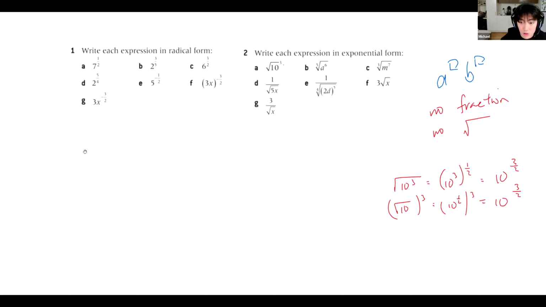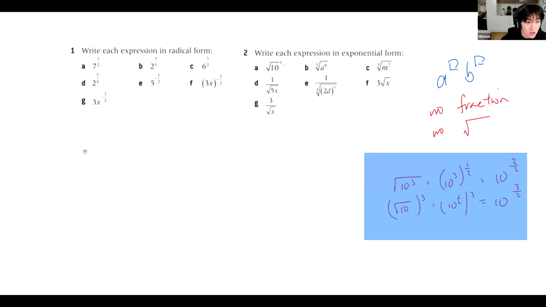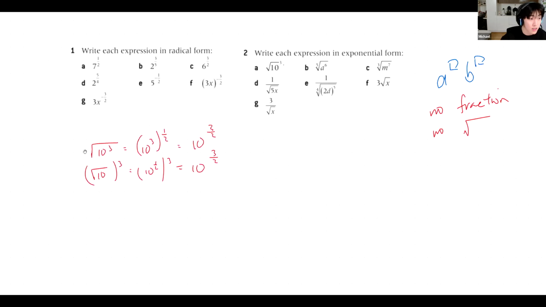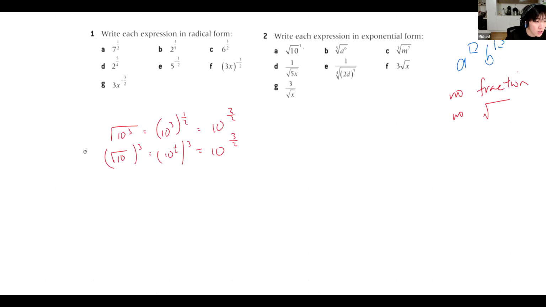All right, so you have got all your answers. Right now, let's just see if they are the same as mine. I'm gonna quickly do them all. Before I do any of them, are there any specific questions? The last one, G. So root x, you convert it to a half, right?